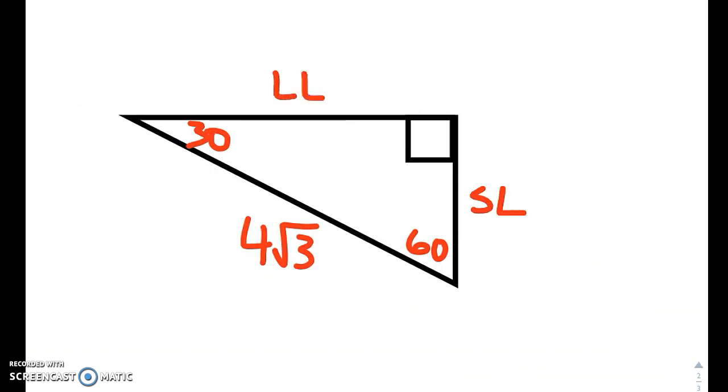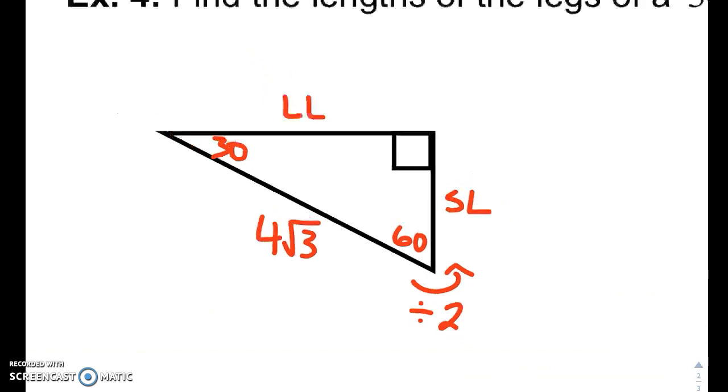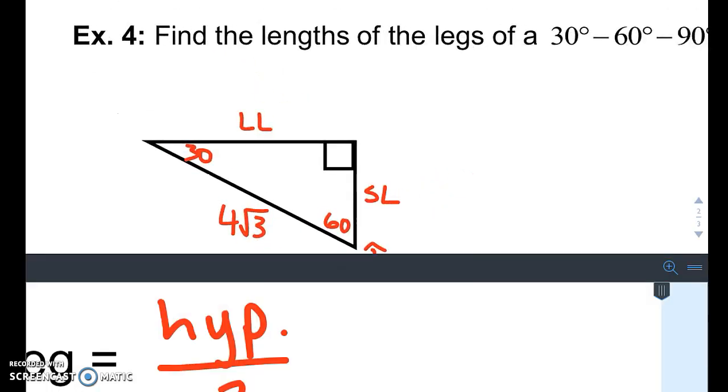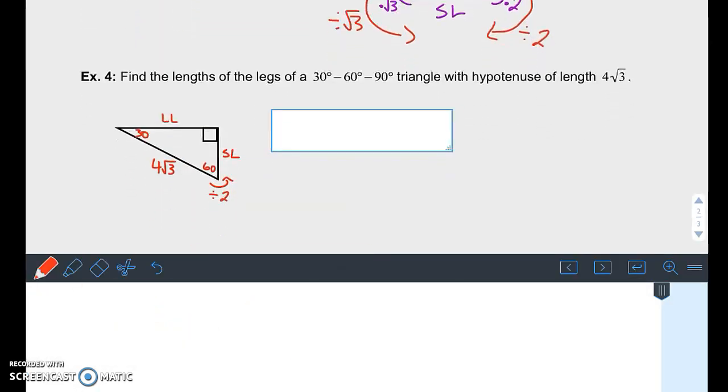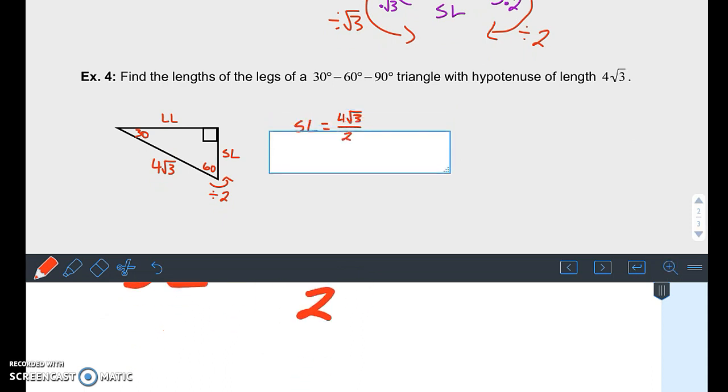Long leg is opposite of the 60. To get to the short leg, we go backwards from the hypotenuse by dividing by 2. So short leg equals hypotenuse, 4 radical 3, divided by 2. So that would be 2 radical 3.